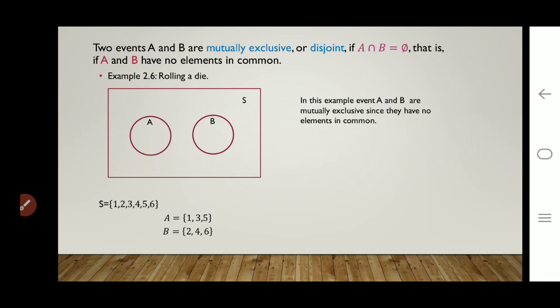Therefore, mako-consider natin na dun sa sample space sa pag-roll natin ng die, si event A, ang complement niya is si event B. Or in symbols, A prime is equal to event B.